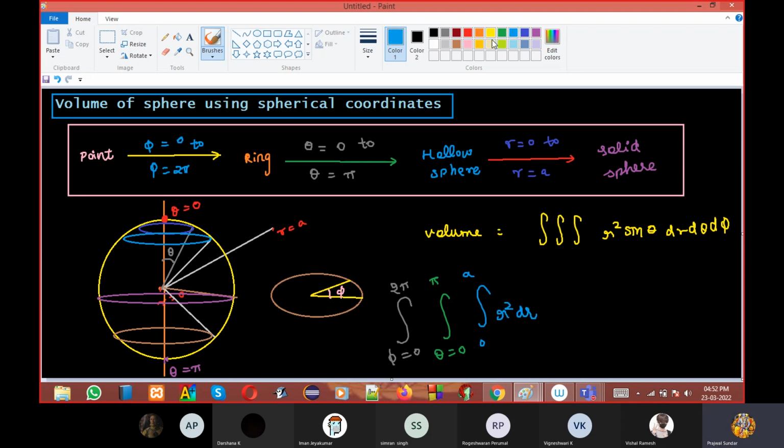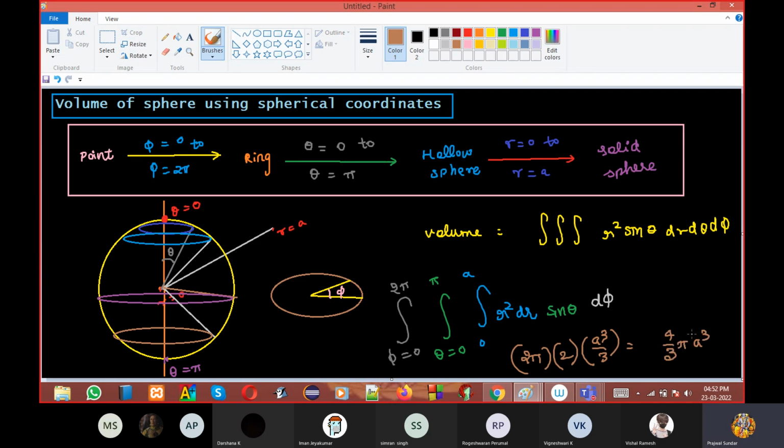R squared dr you write separately. All the integrals are in separable form, so do it directly. Don't wait. This will be 2 pi, this will be 2, and this will be a cube by 3. Got the answer, no?